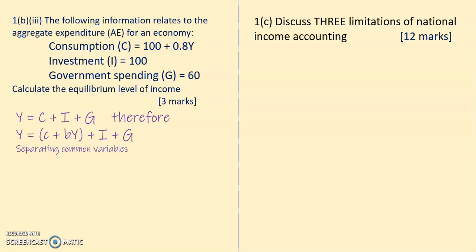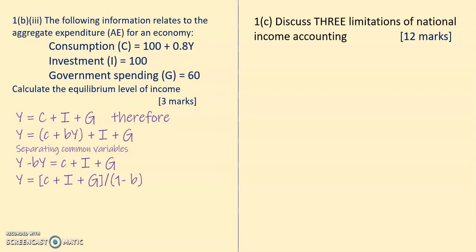So if I were to separate the common variables, I've done this long on purpose, then we will rewrite that statement as Y minus bY equals small c plus I plus G, investment plus government. Now that small c, remember, is that compulsory portion of your consumption, the part you have no choice about.